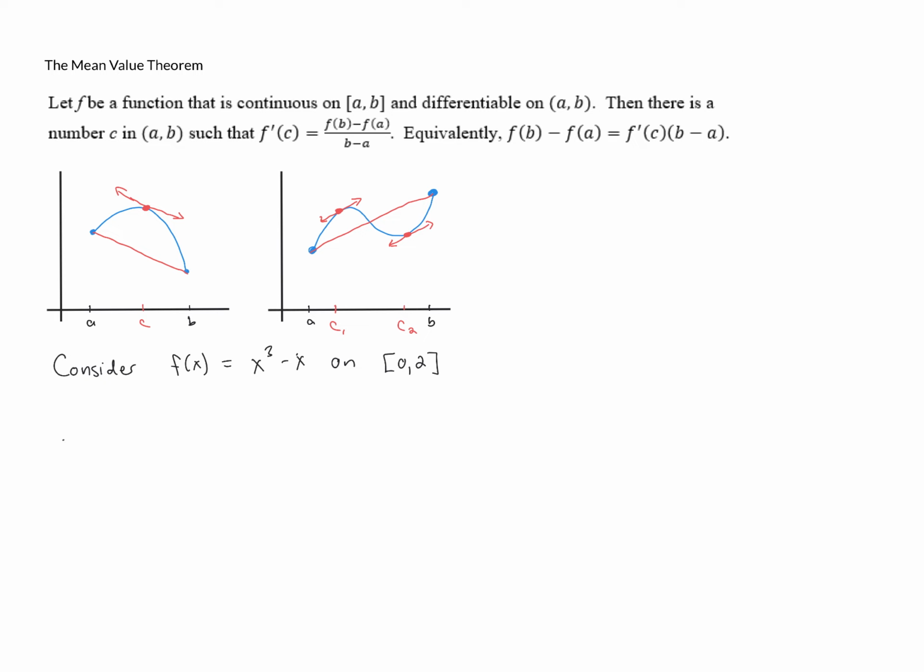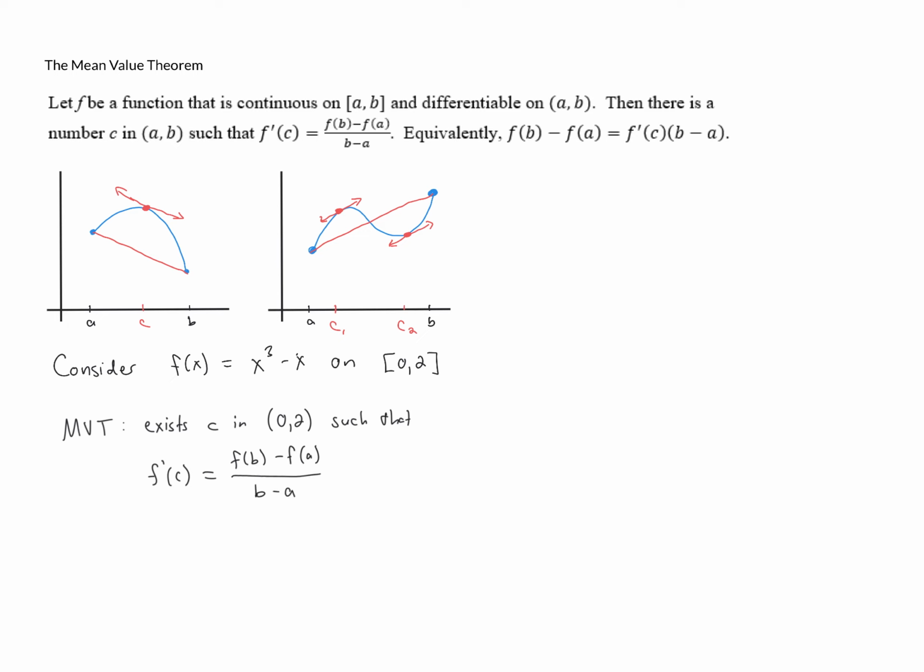So let's write that out. The mean value theorem says that there exists a c in the open interval from 0 to 2 such that f prime of c is equal to f of b minus f of a over b minus a.